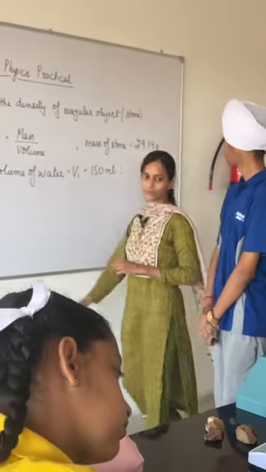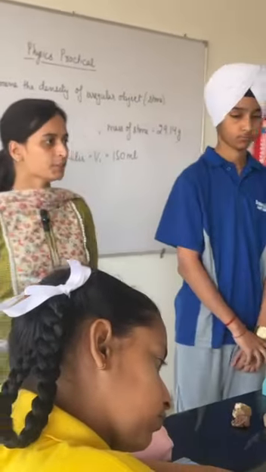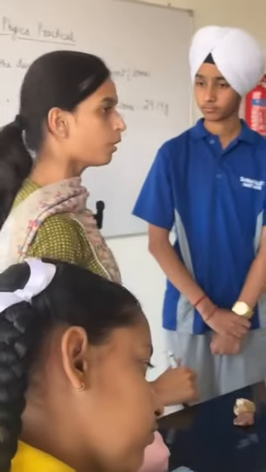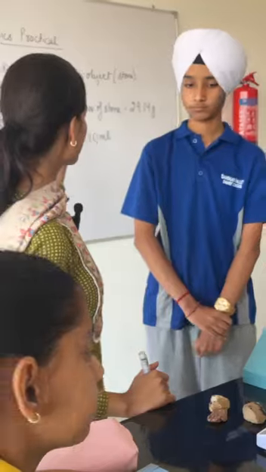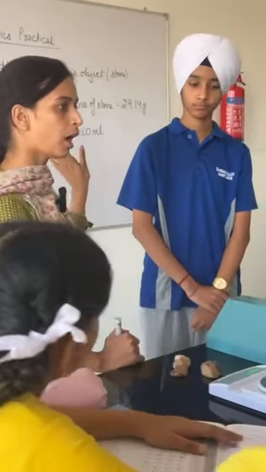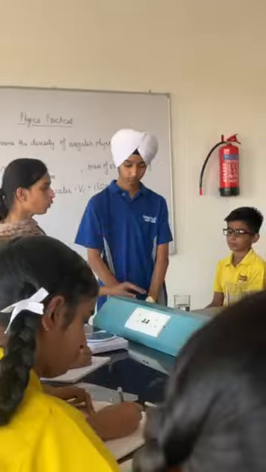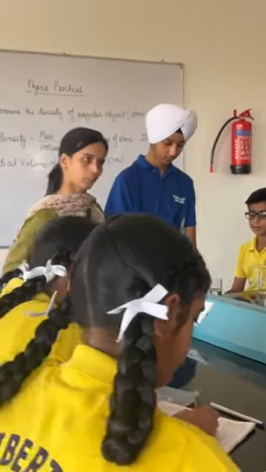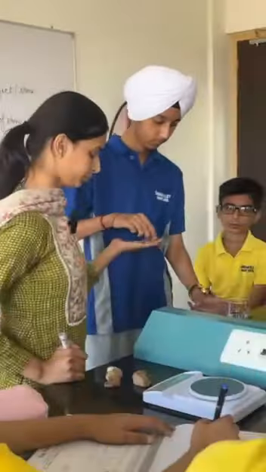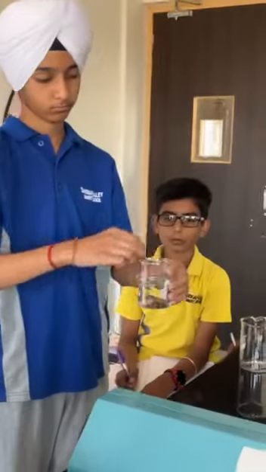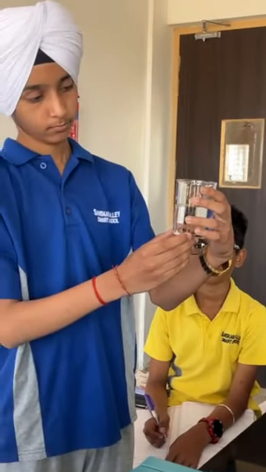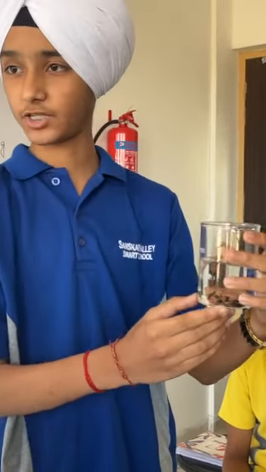So mass of stone is 29.14 gram. We determined the initial volume of water and measured the mass of the stone. Now we put the stone into the beaker. The water level rises to 160 ml.